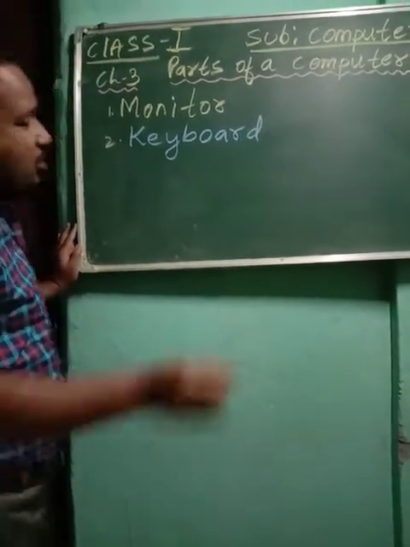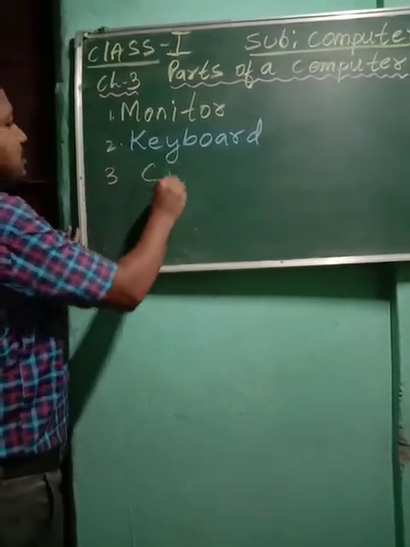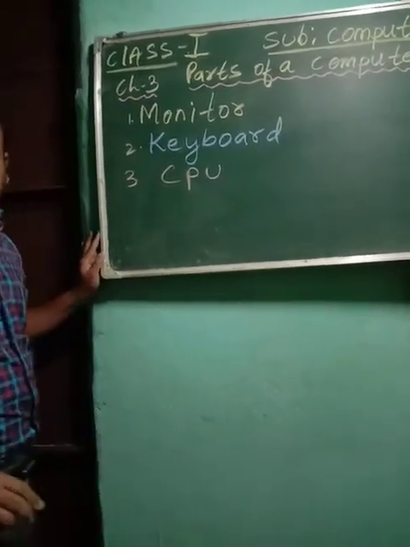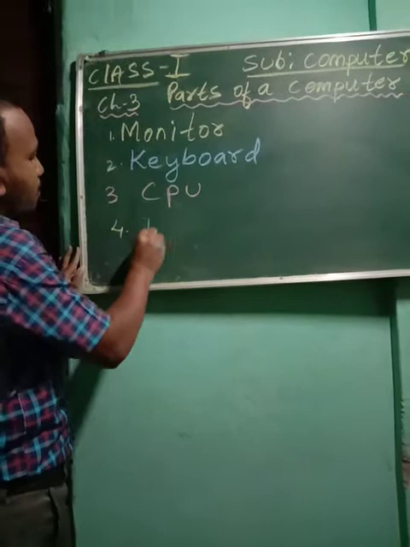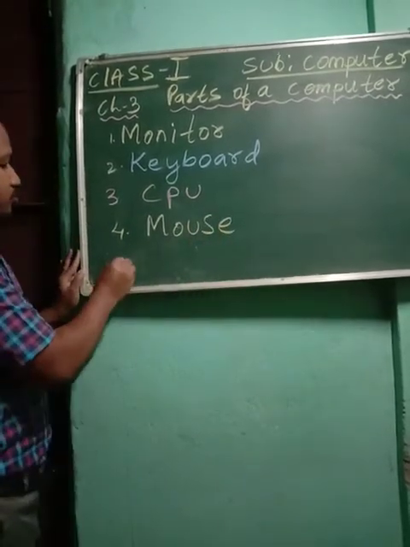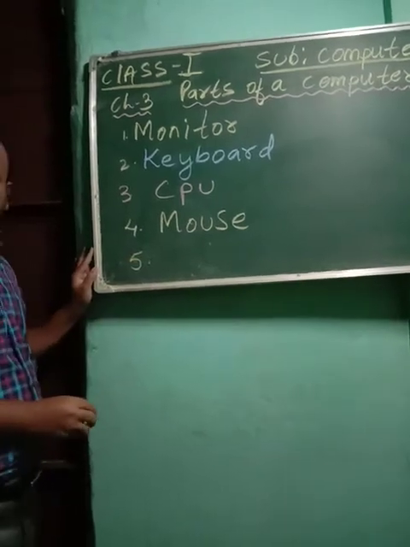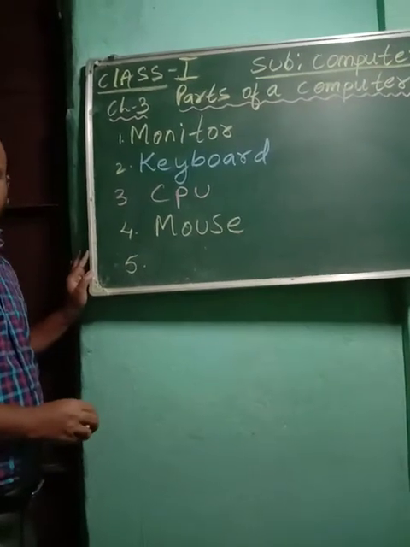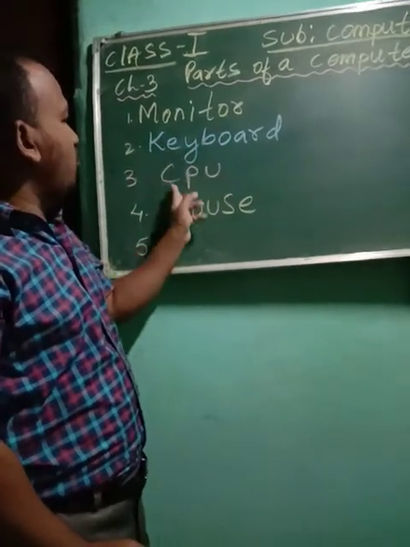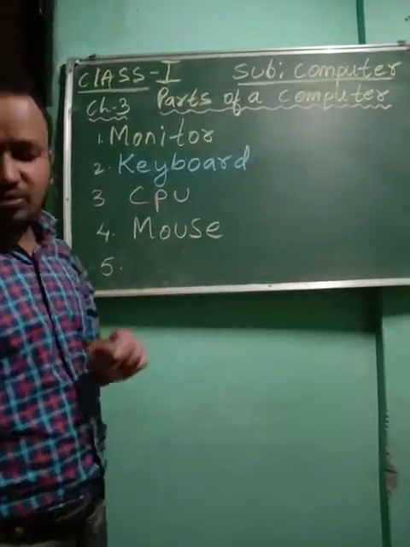Then we are going to talk about the CPU. Next we are going to talk about the mouse. So you see, monitor, keyboard, CPU, mouse.